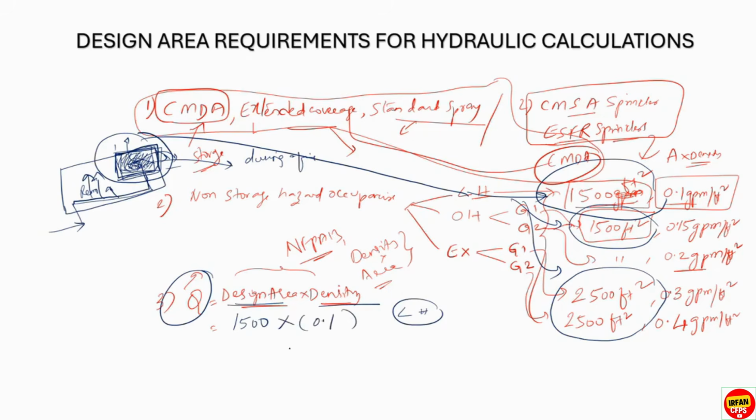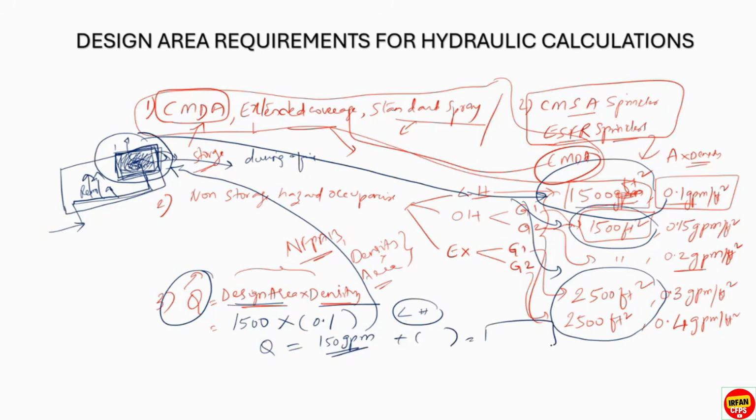What is the density for light hazard? 0.1 GPM per square feet. So you can calculate in this way. 150 GPM flow is the requirement for this design area. Theoretically, in this way, we can calculate.